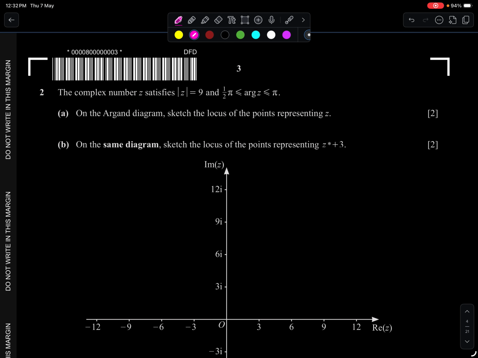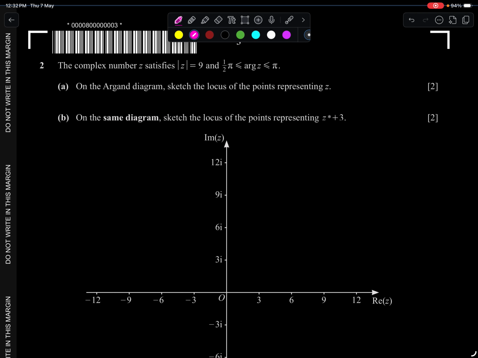Next question. This question is of complex numbers, Argand diagram. A similar question of this type, the first part, came in 2024.